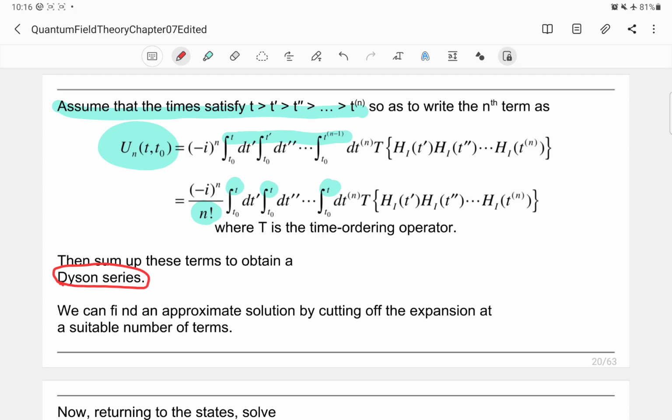But this is too long. We can approximate the solution by cutting off some terms, cutting off the expansion at some suitable number of terms. So you can cut somewhere, because you have already attained the accuracy of your desired result.